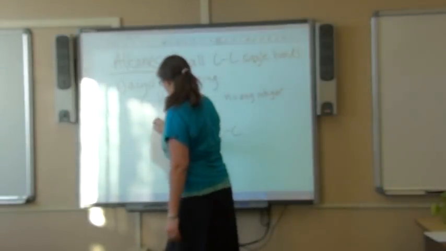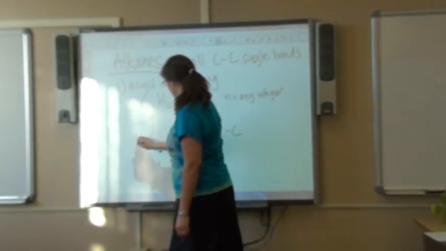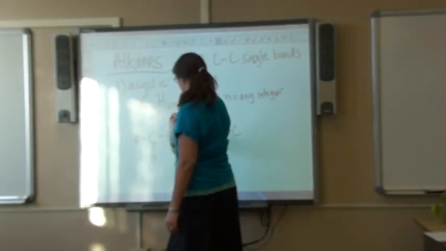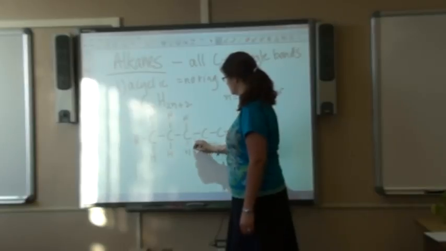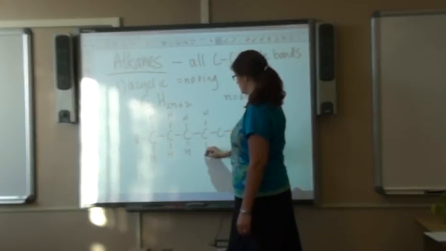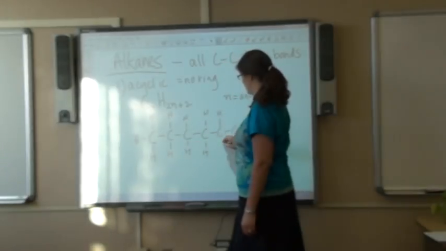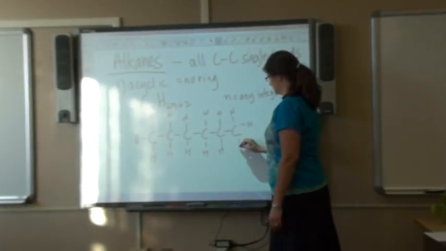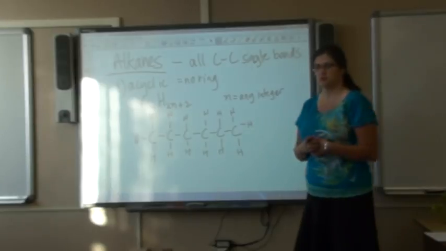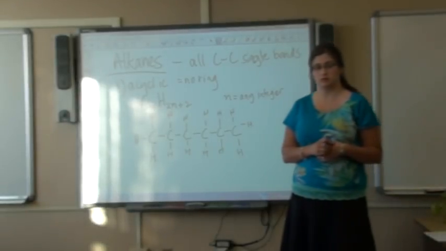So if we were to place all of the hydrogens around each of these carbons, after counting them, there will be 14 of them, as per that generic formula. You can count them, there are 14.